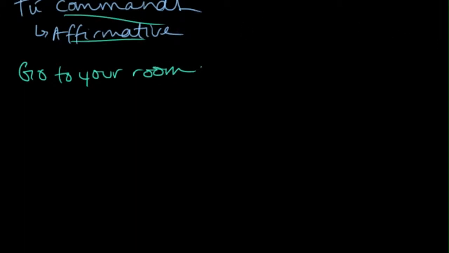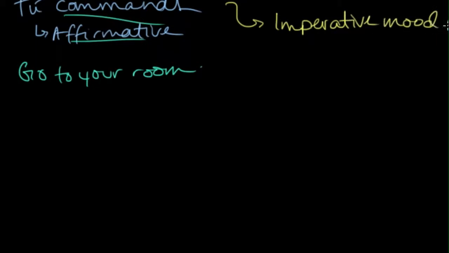Commands are given in what is called the imperative mood. This isn't really super important for you to know, but it's nice knowledge to have anyway. So far you've worked in the indicative mood, which is saying something like, I go to the store, or you ride your bike. The imperative mood is giving orders.